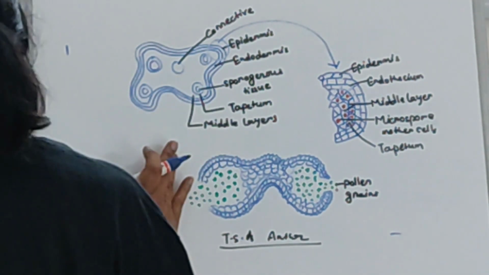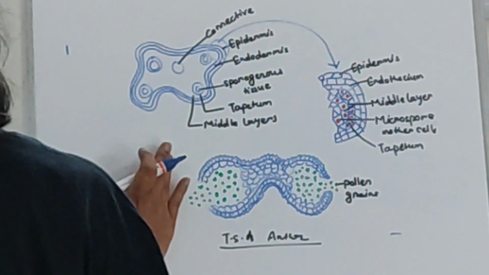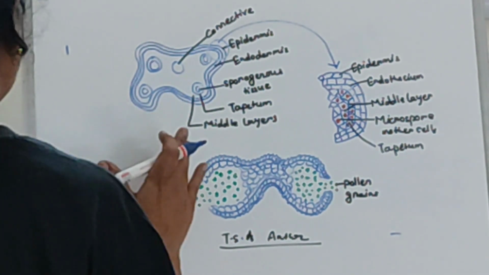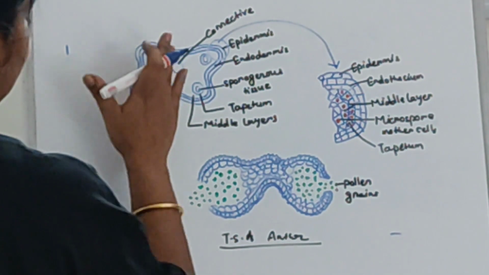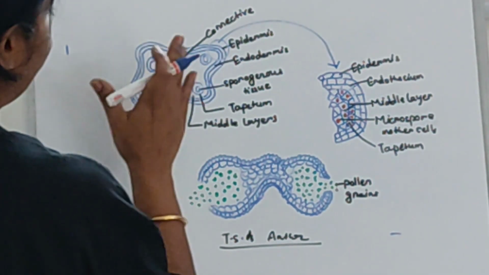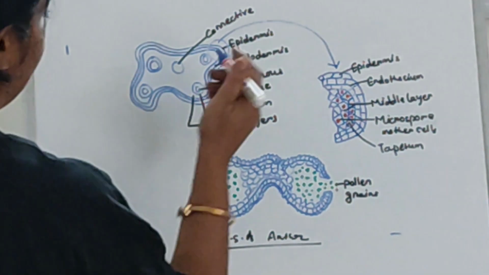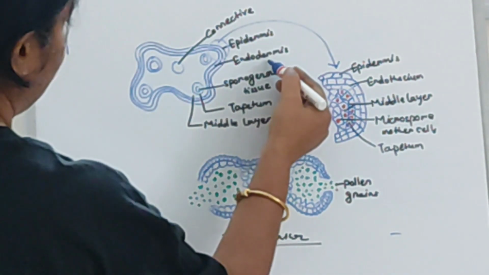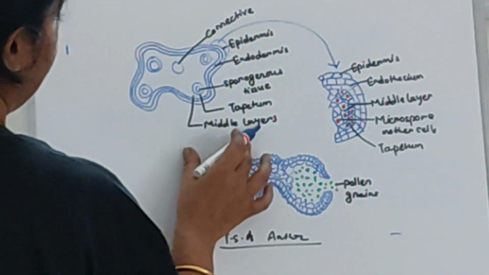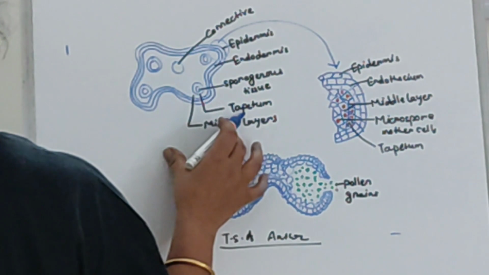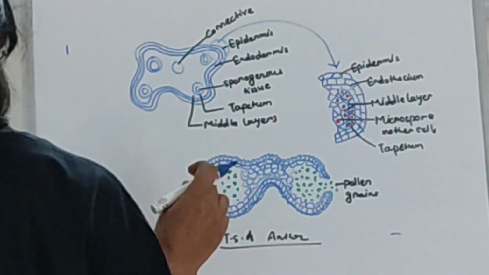In this transverse section, you can see that the microsporangium is generally surrounded by 4 wall layers. What are these walls? First is epidermis, second endothecium, third is the middle layer, and fourth is the tapetum.